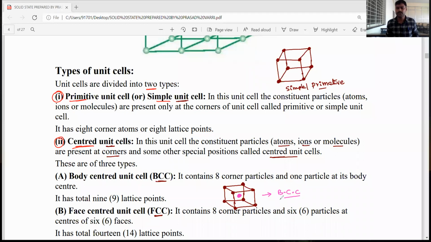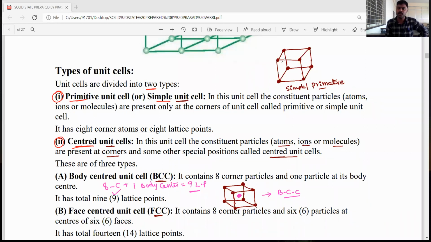In the body centered unit cell, if you observe how many lattice points are present, there are 8 corners plus one body center, so a total of 9 lattice points are present in the body centered unit cell.